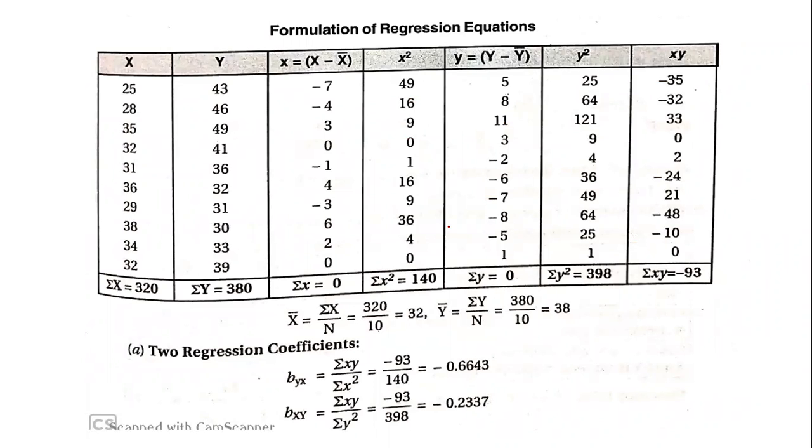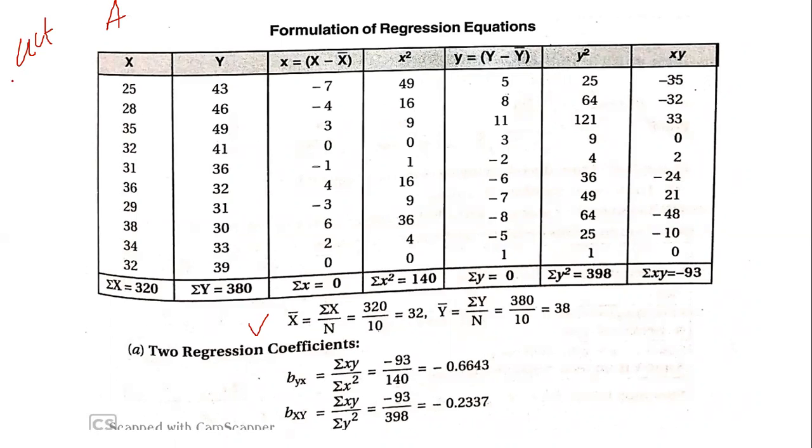Since we have to calculate correlation also, we will first find the arithmetic mean. By calculating the arithmetic mean, we will be able to decide whether to take the actual mean or the assumed mean. What is the condition for taking the assumed mean?